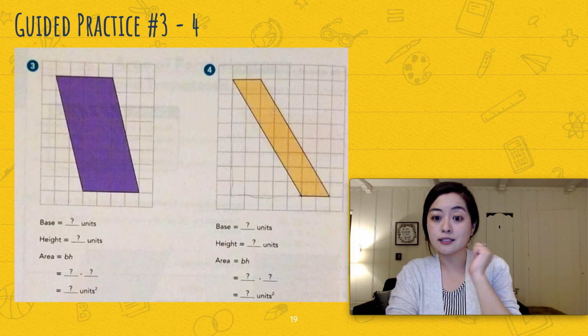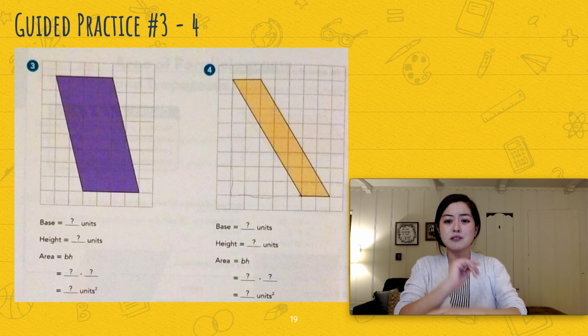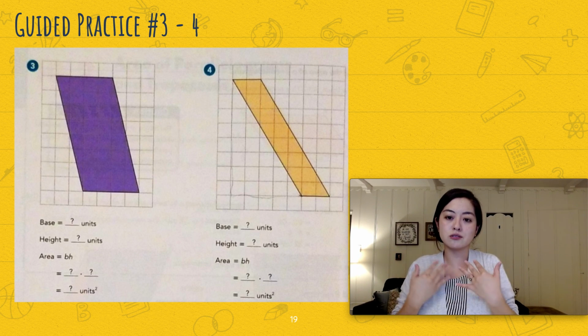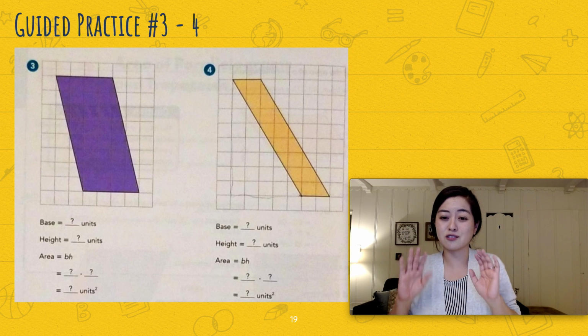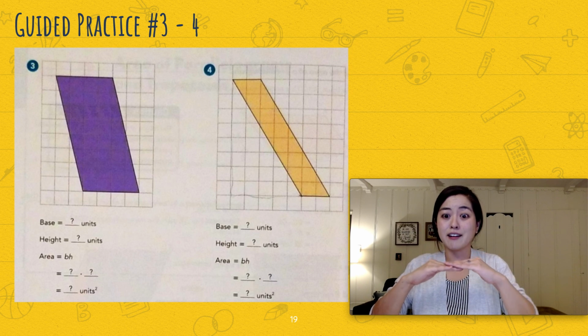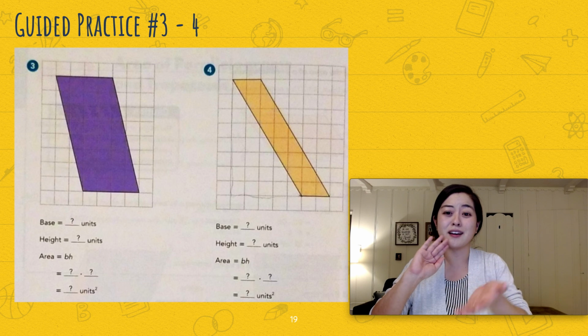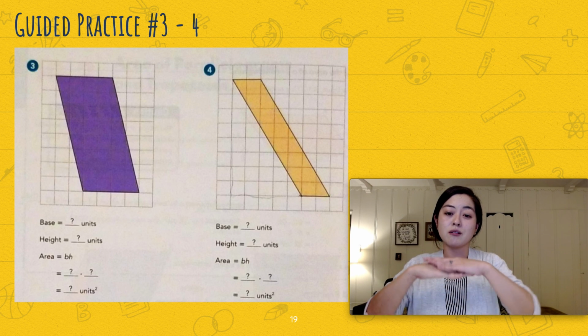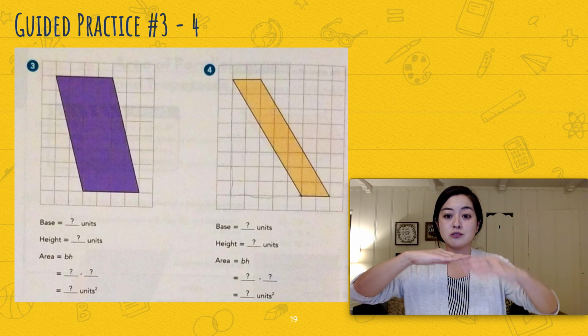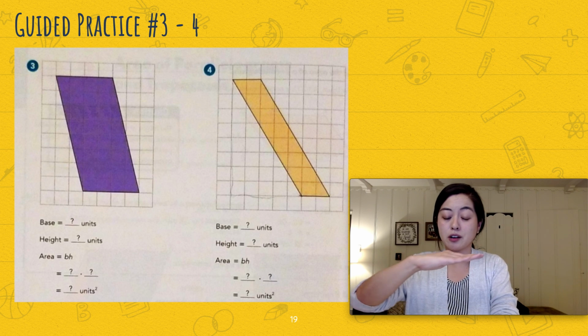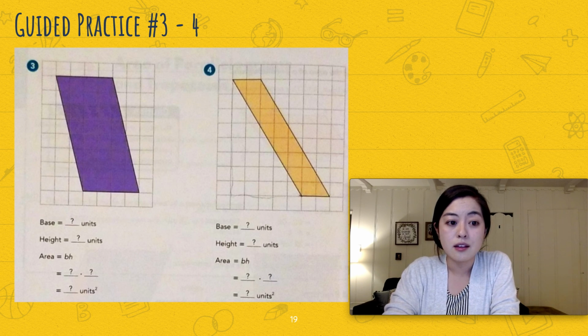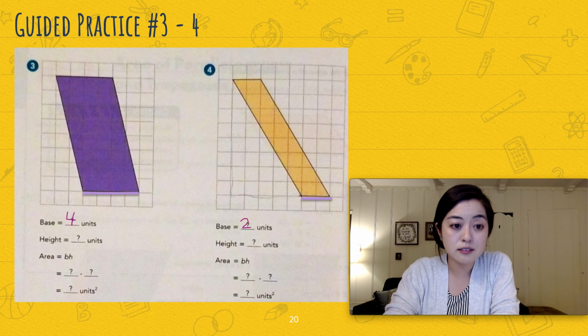Just like the guy said in the video, any side can be the base, but just so I can be consistent and so you can really understand how to determine the area of a parallelogram, I'm just going to say, pick a side that is on the floor. The base for number 3 is 4 units, and the base for number 4 is 2 units.